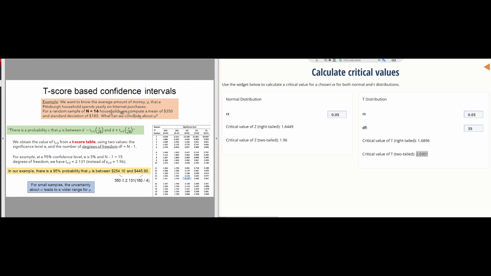Here's a similar example, this time just to make the computation a little easier. We're going to assume that our sample size is 16. So we've taken a sample of 16 households. We have computed that the sample mean of the amount of internet purchases is $350. The sample standard deviation from this sample is $180.